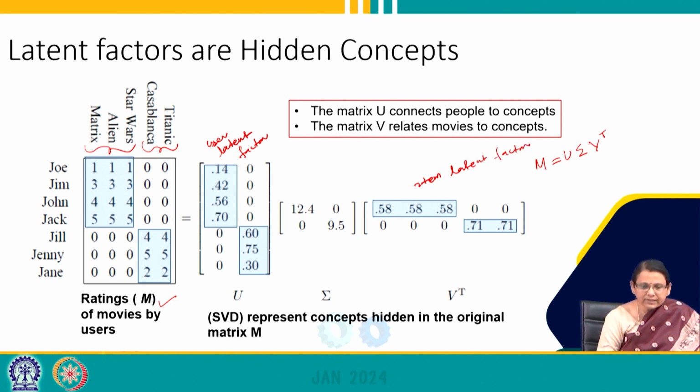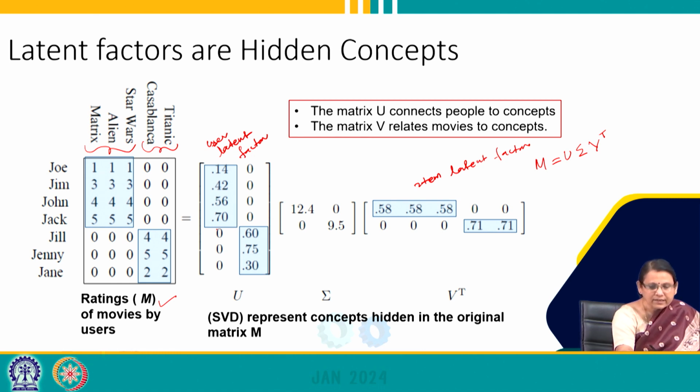Now, these item features are extracted not from the item details, rather they are extracted from the rating behavior, assuming that people like movies with similar concepts.